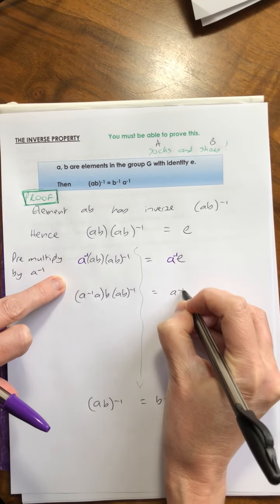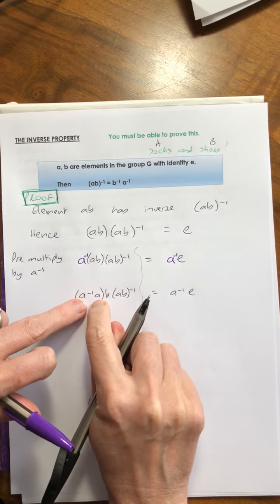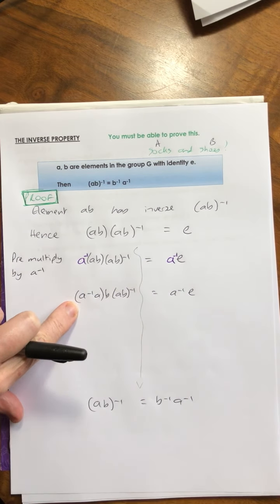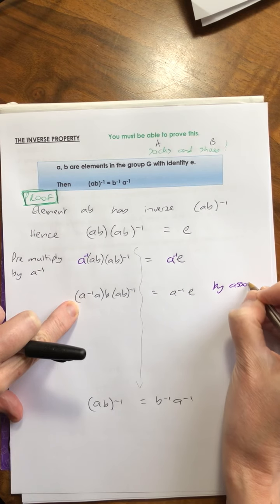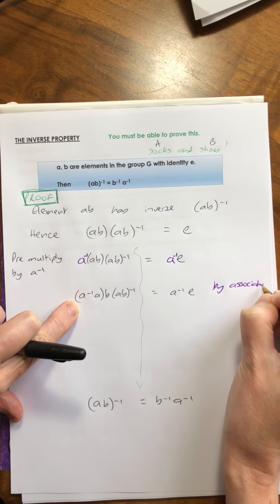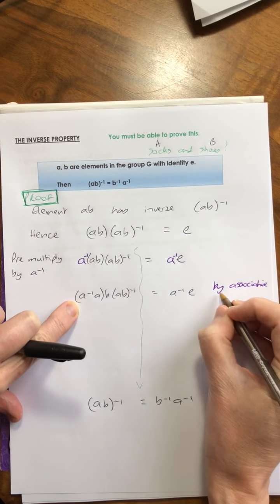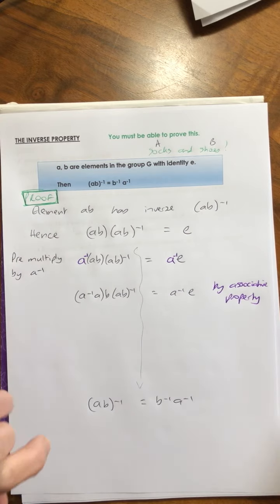I haven't done anything yet to the right-hand side. But by doing that, I can, of course, say that that is equal to E. I used a particular property there. I need to write it down because this is a proof. I don't think I'm going to have enough room. By the associative property is what I've done there.